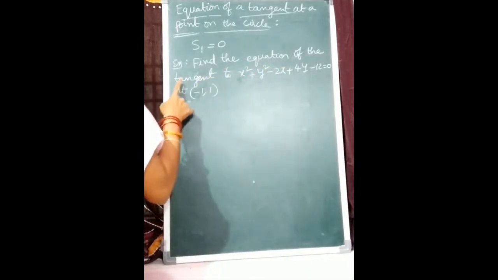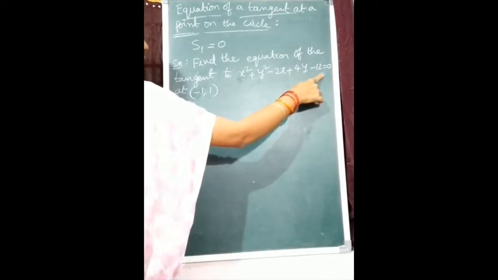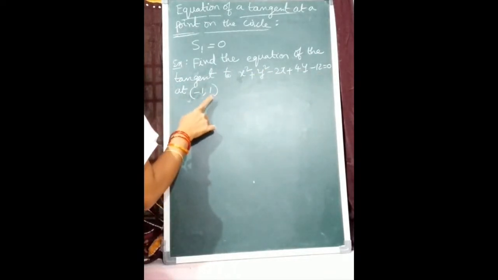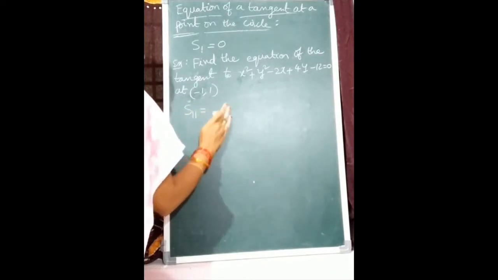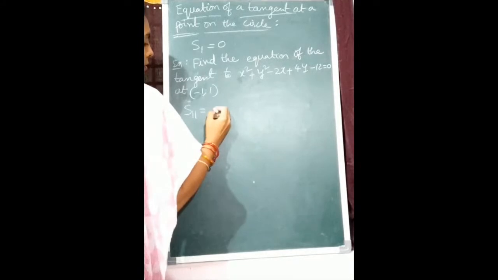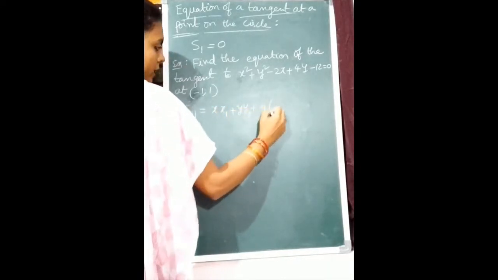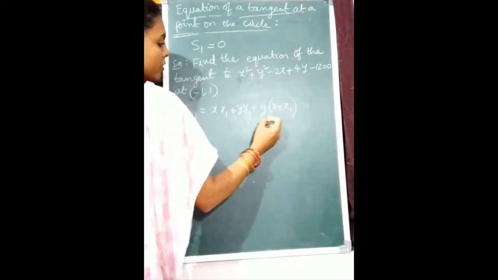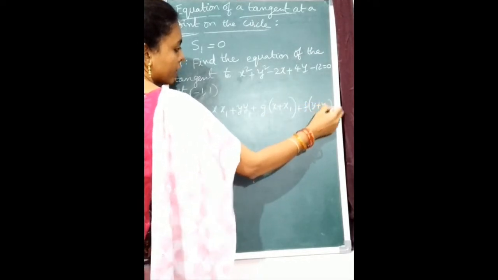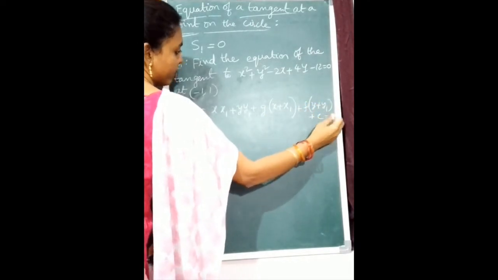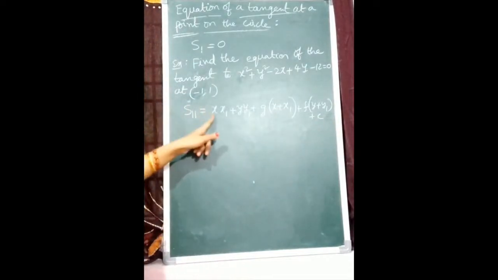Find the equation of tangent to x square plus y square minus 2x plus 4y minus 12 is equal to 0 at one point. So S11 ఇప్పుడు కాదు, S11 notation ఫస్ట్ బిగినింగ్ లో చెప్తాను. x x1 plus y y1 plus g into x plus x1 plus f into y plus y1 plus c is equal to 0.